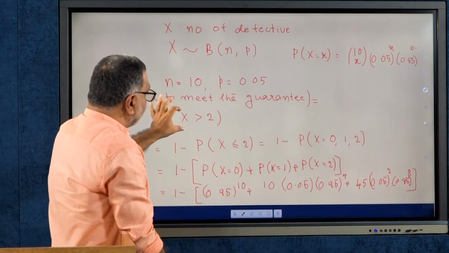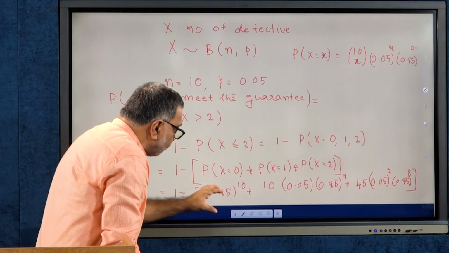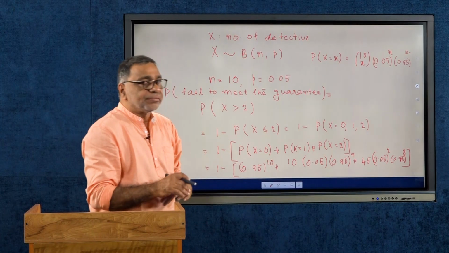So the probability of X greater than 2 is the simplified value of this expression.